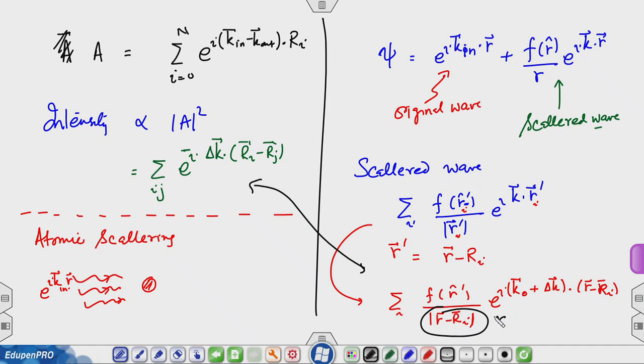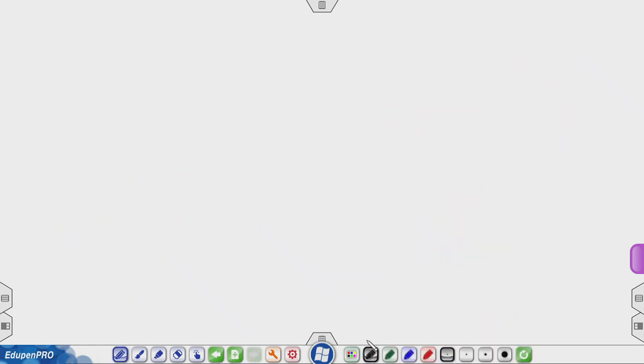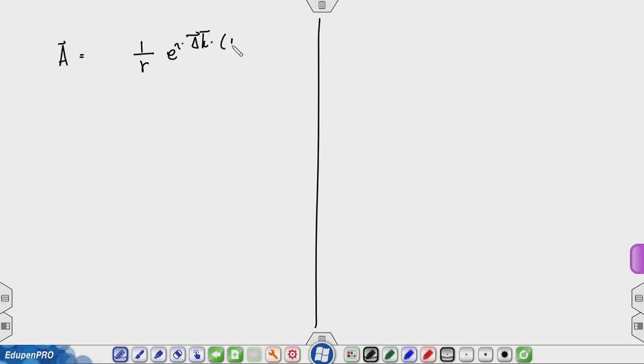I will just go very fast over it and tell you that the total amplitude then is going to be, assuming all the scattering strengths are identical, 1 over r e raised to i delta k dot (r_i minus r_j) summed over i and j, where I have taken mod r minus r_i to be approximately equal to r in the denominator.